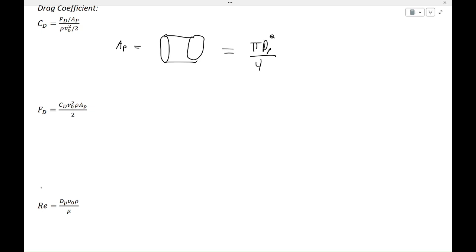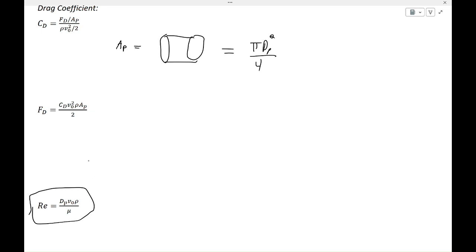And then another important number for fluids is the Reynolds number, which in the case of an immersed body is the projected diameter times the free stream velocity times rho over mu, the viscosity. So those are our 3 big variables for fluid flow over an immersed object.